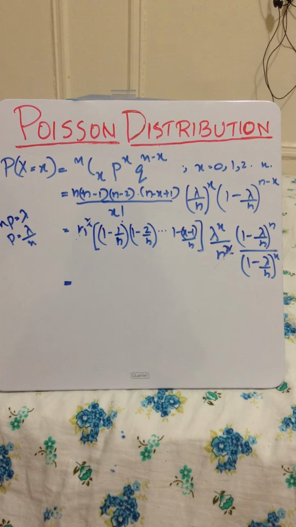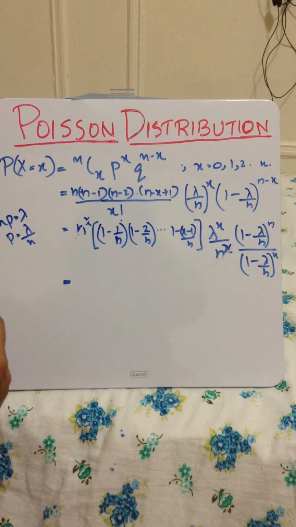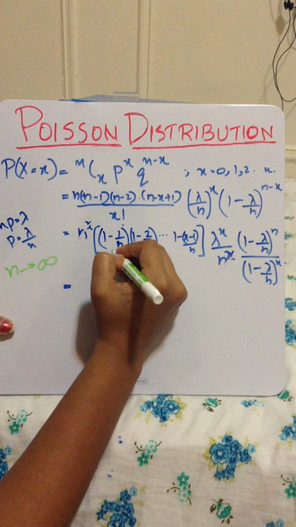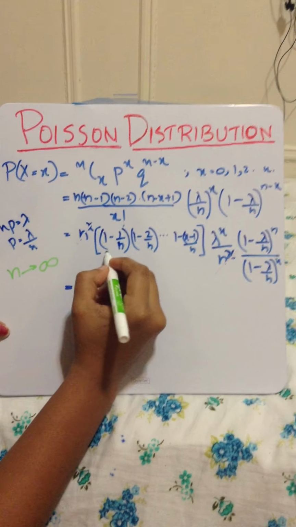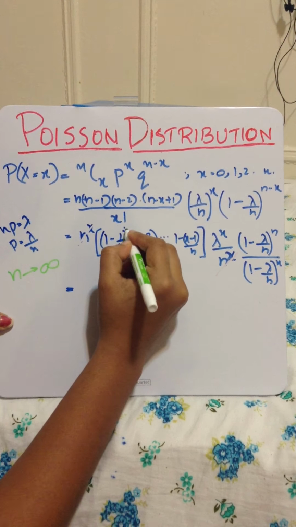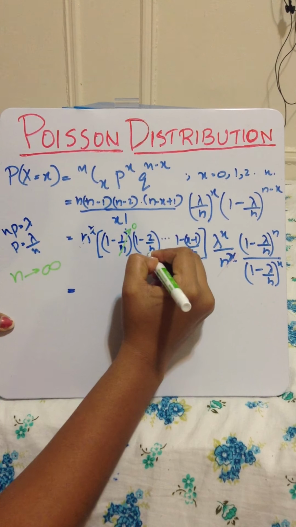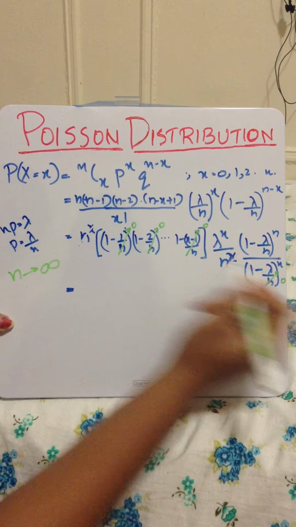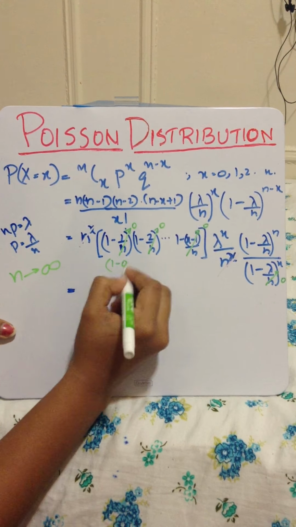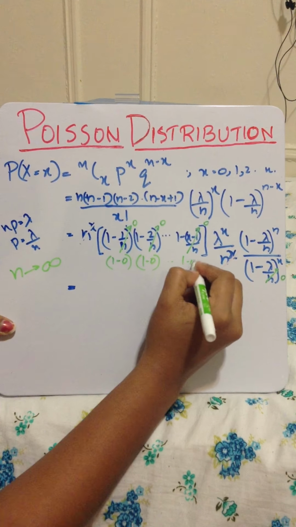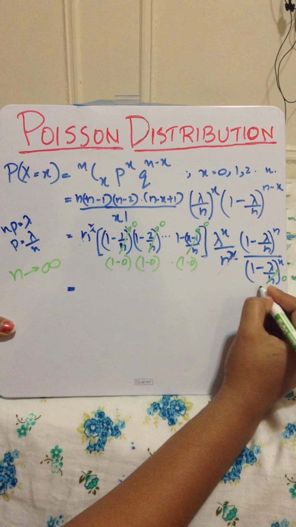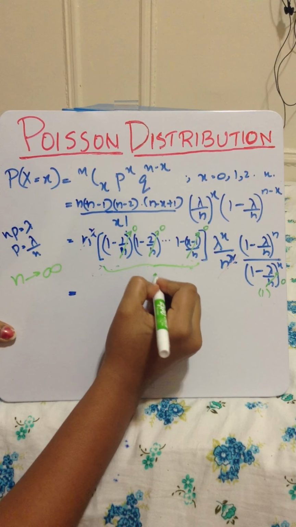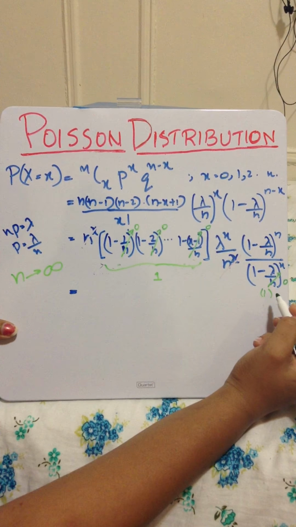Also here, when I take the condition n tends to infinity, these terms will be 0, 0, 0. So ultimately I'll get 1 minus 0, 1 minus 0, all 1 minus 0. So all these things will also become 1. So the entire term will become 1. The denominator will become 1.